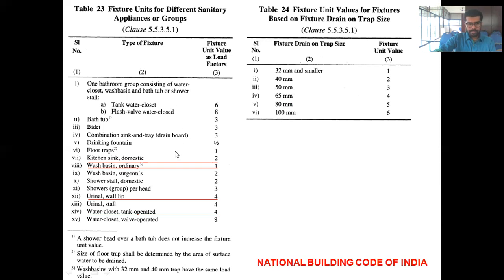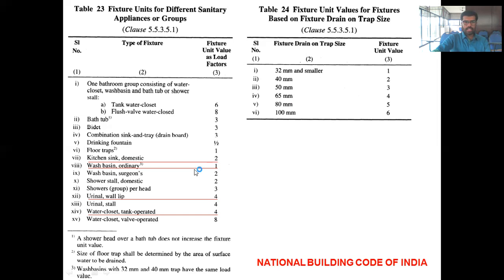Yes, these are the fixture units for different sanitary appliances according to the National Building Code of India. Different types of fixtures are given here. One bathroom unit consisting of water closet, wash basin, and bathtub or shower stall. And the flush water closet. These are the different fixture unit factors given here.